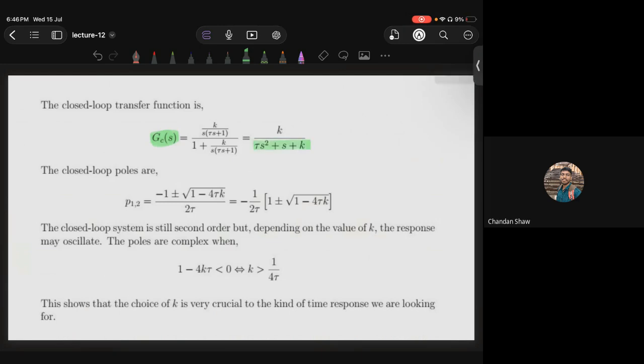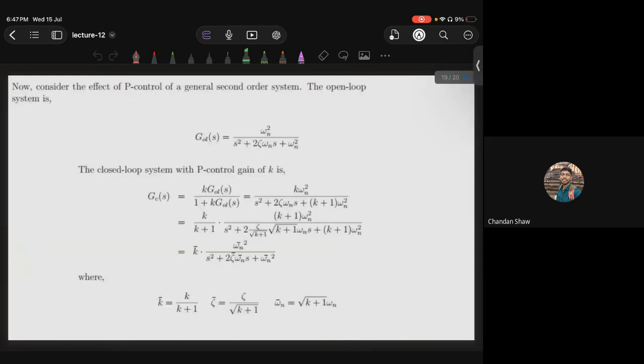This is your characteristic equation. Once you make that characteristic equation 0, you will get these poles. If you choose your K value as greater than 1 by tau, you can change the poles' location.